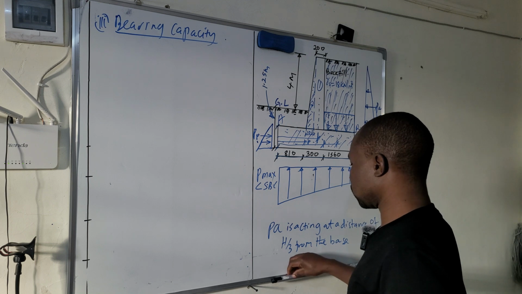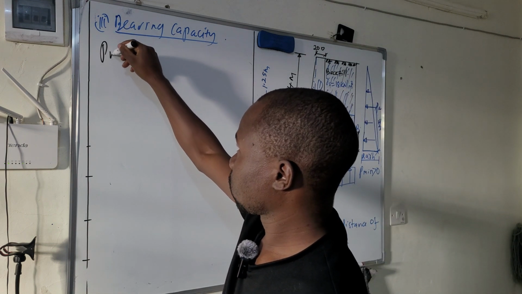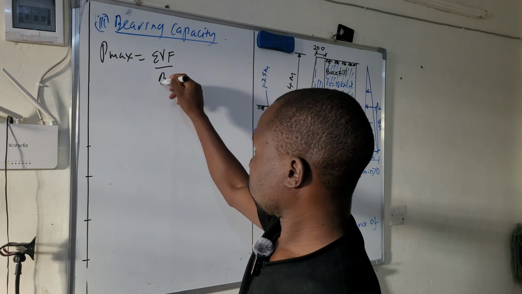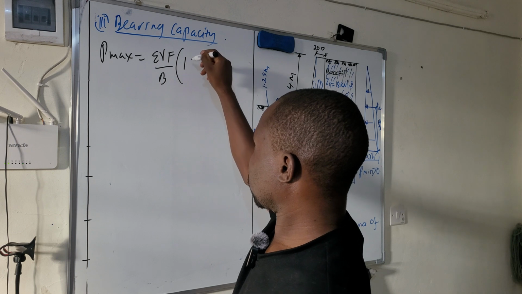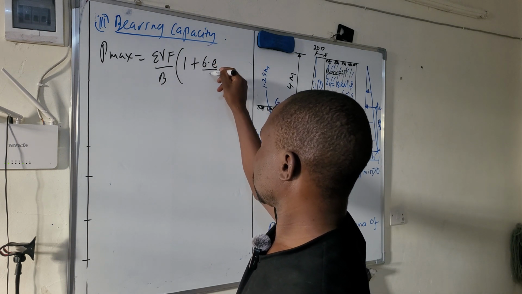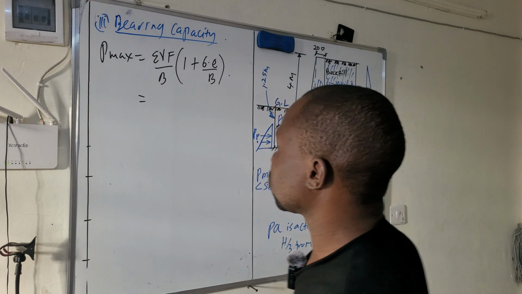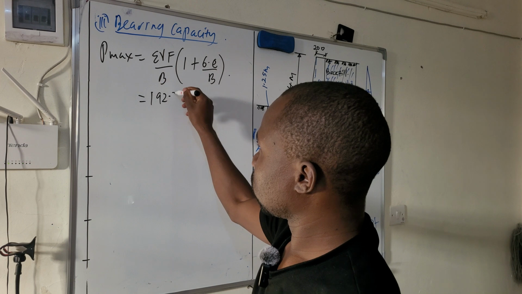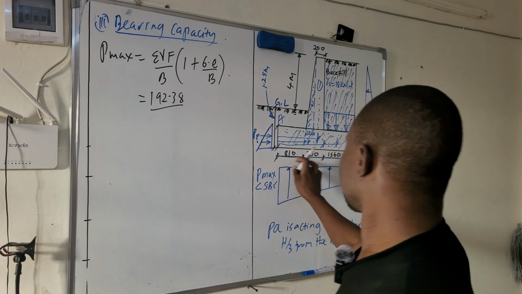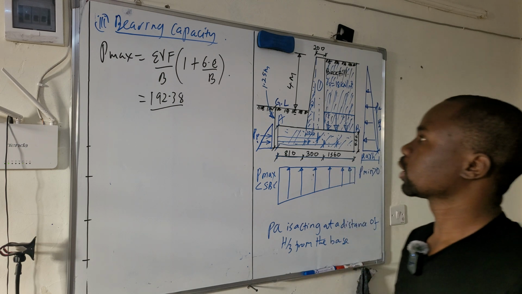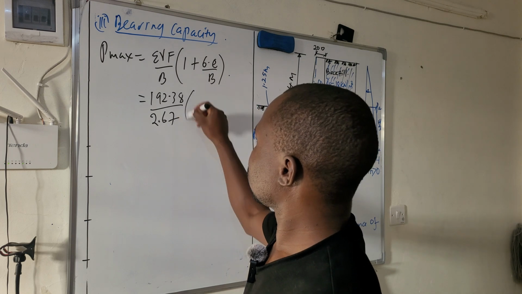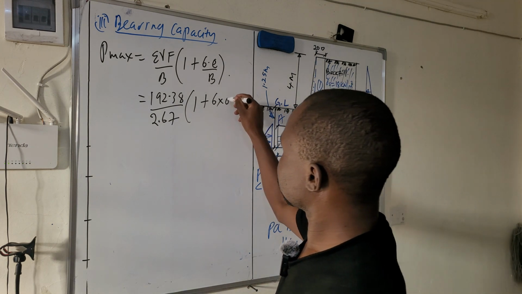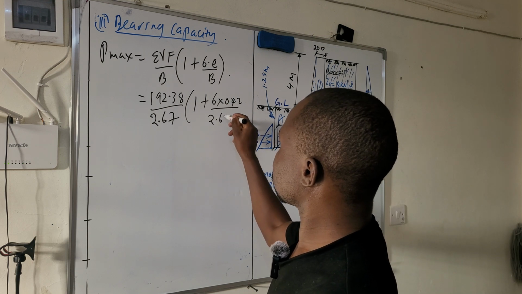So let's calculate the maximum pressure. P maximum is equal to summation of vertical forces over B, 1 plus 6E over B. Our summation of vertical forces remains the same, 192.38 over B, which is 2.67, into bracket 1 plus 6 times E, where E is 0.42, over B, 2.67.